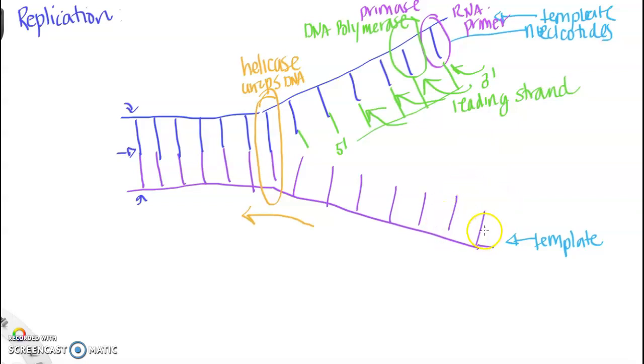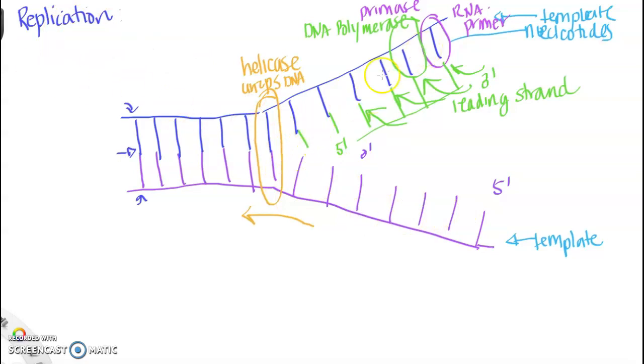On the other side, again, we have to start somewhere, and we start with an RNA primer. But because this is going in the opposite direction, this is going 5' to 3', we have to start inside the DNA, inside the strand.